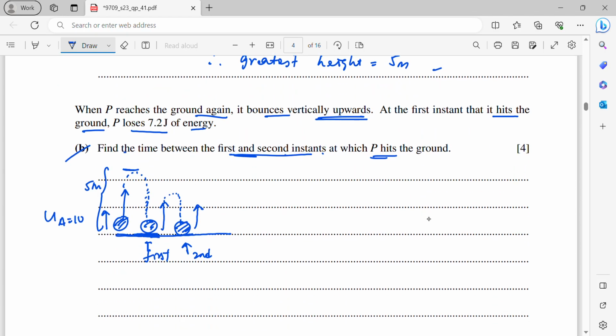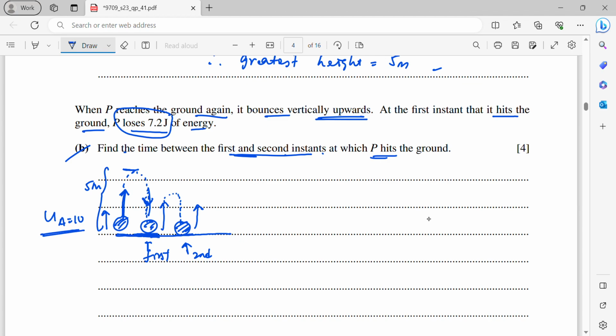Now when it first hits the ground, here is the ground, it loses 7.2 joules.